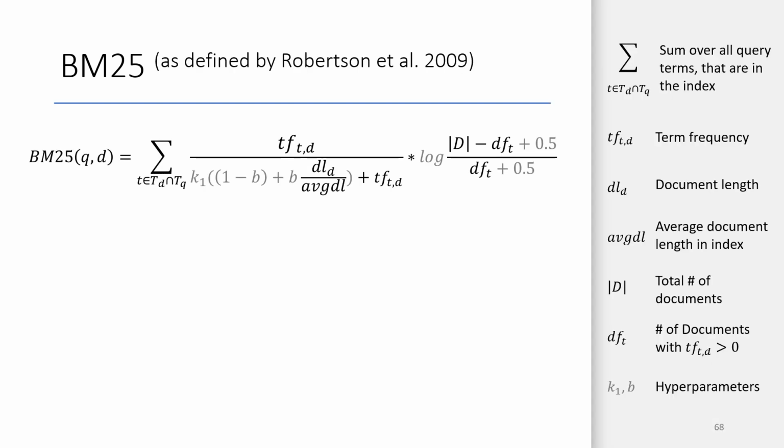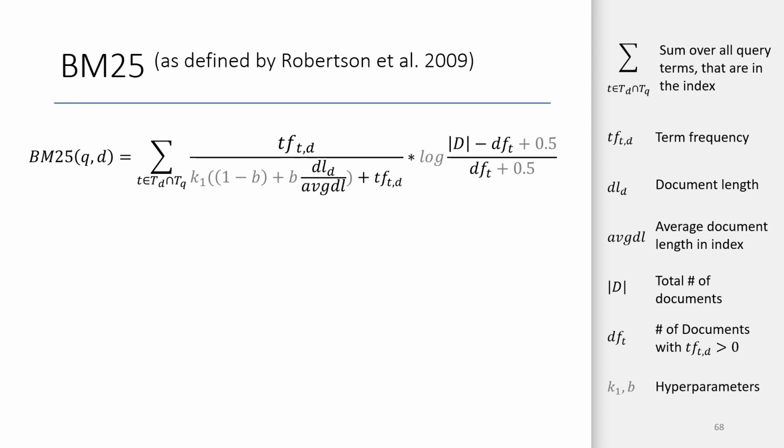So let's dive straight into the BM25 formula as defined by Robertson et al. in 2009. Again, we see that we have two main components. The one on the left is concerned with the term frequency, and the one on the right is concerned with the document frequency.